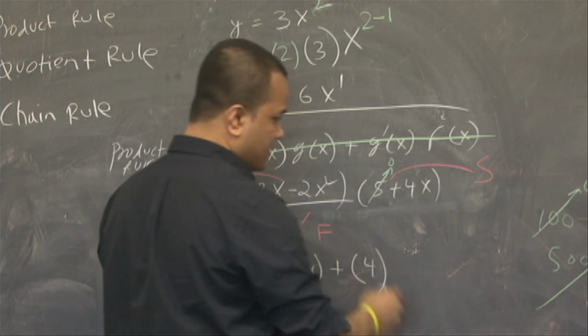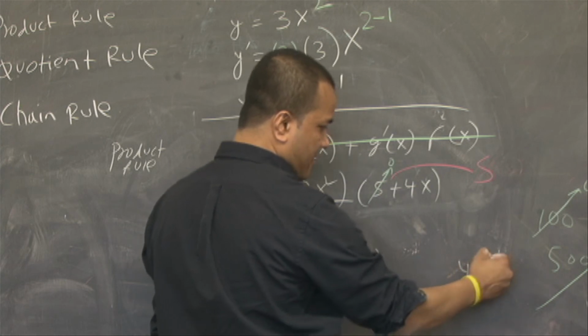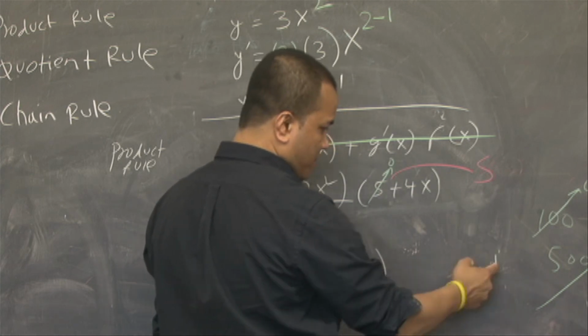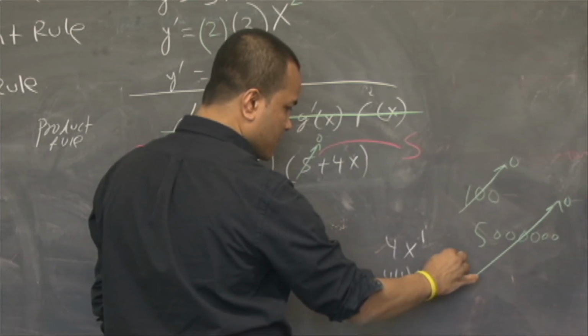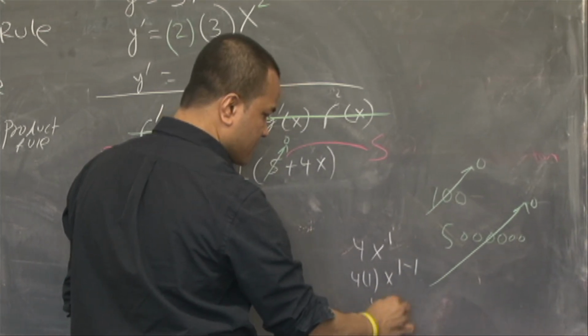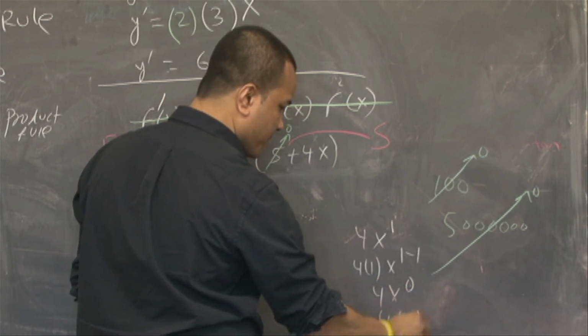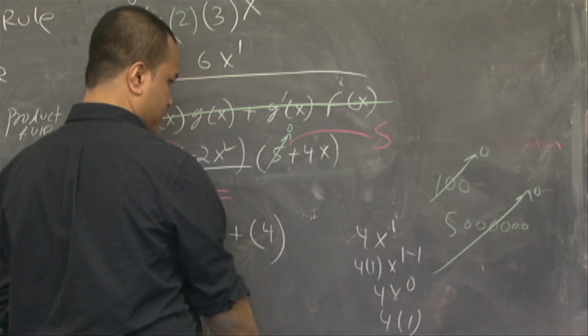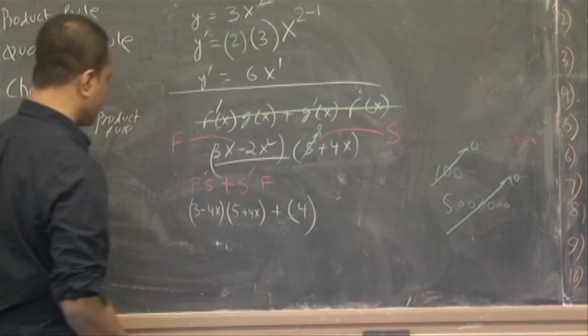How 4? Let me show you. 4x, right? What is the n over here? n is 1, all right? So you bring down the 1, 4 times 1, right? x to the 1 minus 1. So 4x to the 0. So what is x raised to 0? 1. This is 4, right? So that's how we get 4, all right? Maybe you already know.